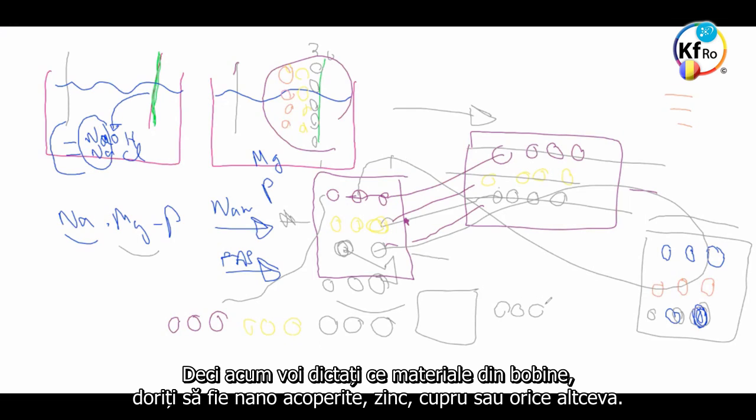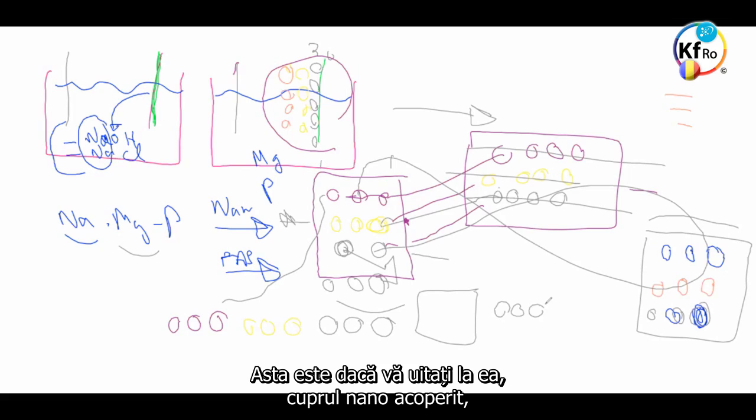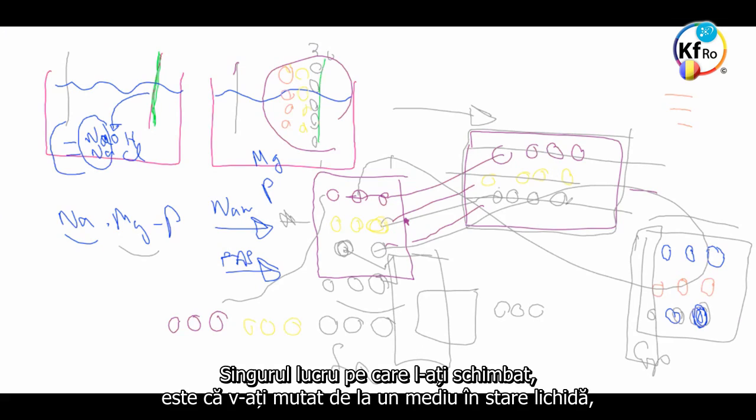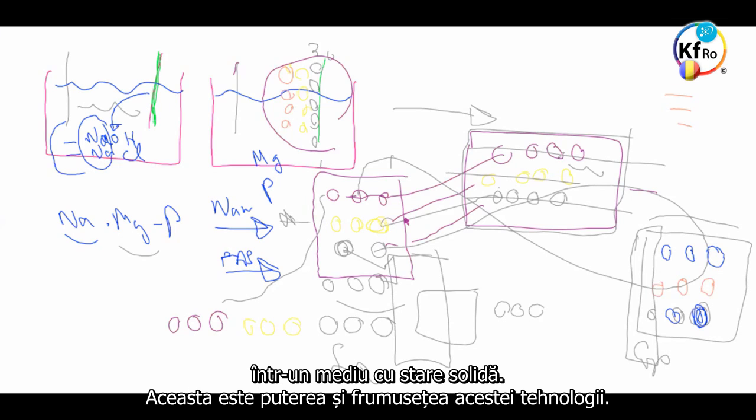So, you dictate what materials in the coil you want to be nano-coated. Zinc, copper, whatever. This is, if you look at it, the nano-coated copper. This is the zinc on this side, and your medium now is the copper wire itself. The only thing you have changed, you have moved from a liquid state media into solid state media. This is the power and the beauty of this technology.